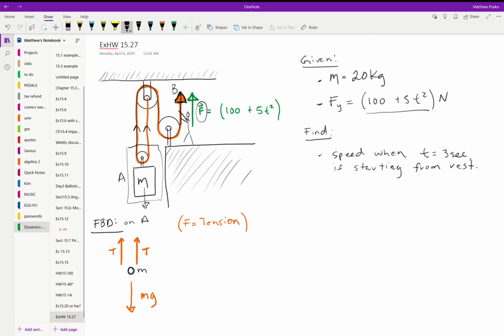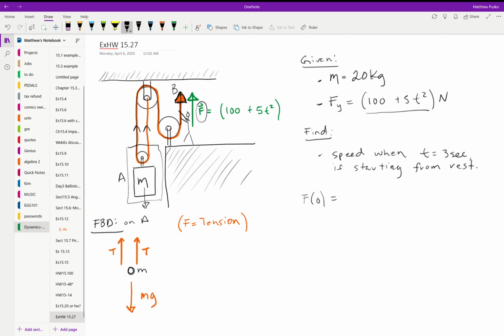We have the mass as 20 kilograms. Alright, so let's use impulse momentum theory, but we should go ahead and see if, well, they told us it's going from rest, but if you wanted to, like I did in the previous problem, you could check F at t equal to 0 and compare it versus the weight.